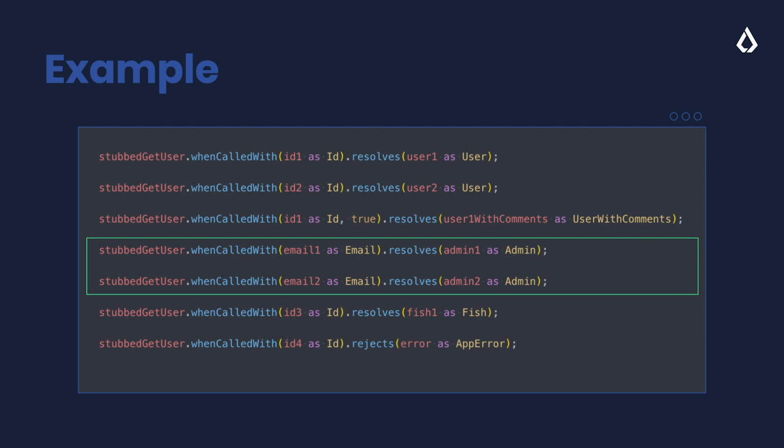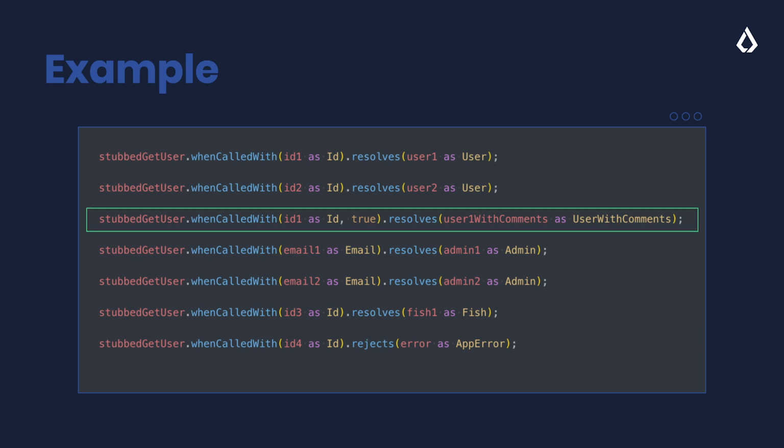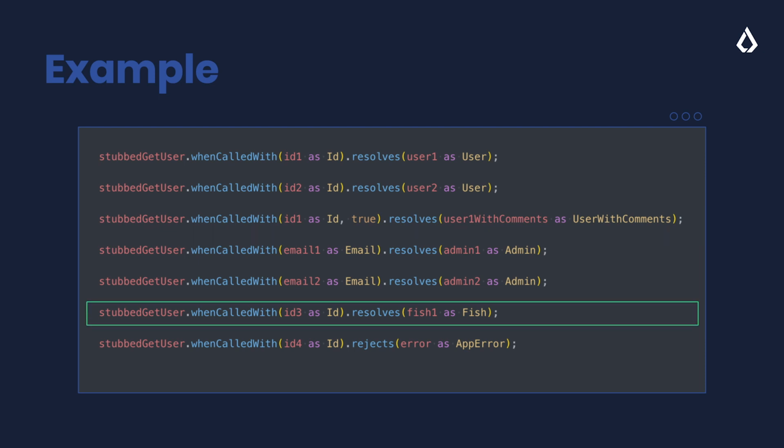Probably the admin object has different properties, and that's why these two inputs and outputs are different. These are two different protocols. And in the third call, you see that I provide an ID1 value, but I also provide a second argument. Then I get users with their comments. This is also a different protocol, because the response data is different. And in the sixth one, you see that I provide an ID type value, ID3, but I get fish.